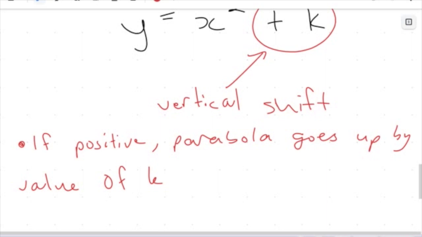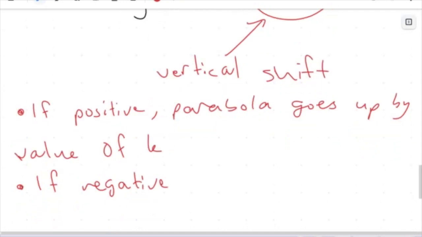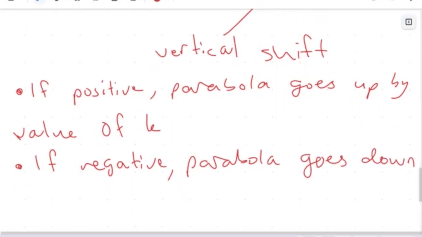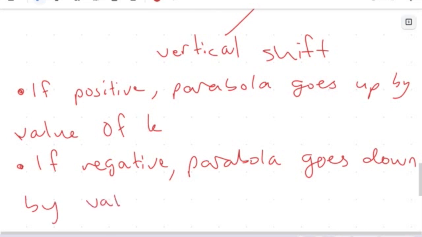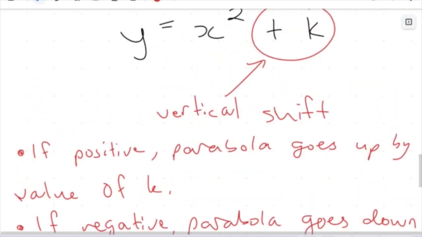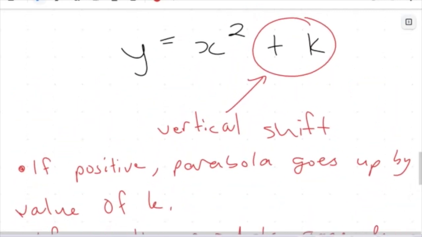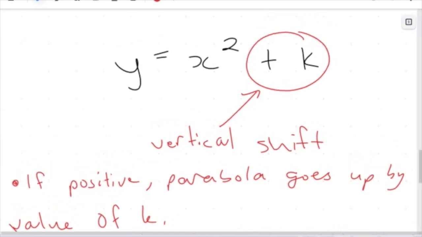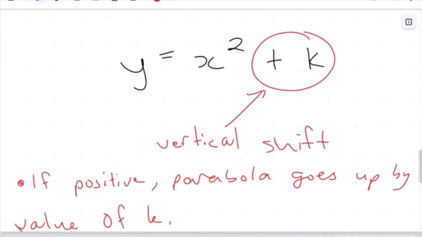And if negative, my parabola goes down by the value of k. So this is how we can work with our vertical shifts. It's all to do with the constant that's being added to our parabolas when we see parabolas in this form.